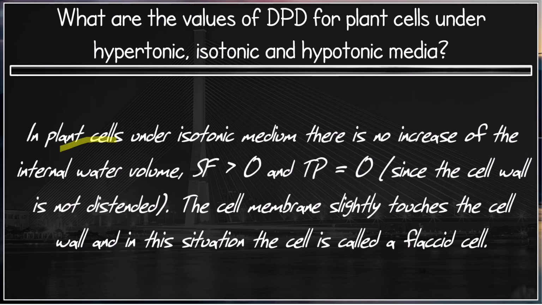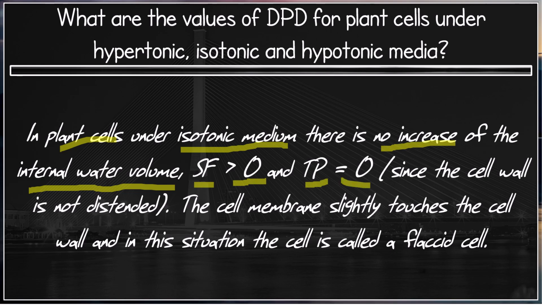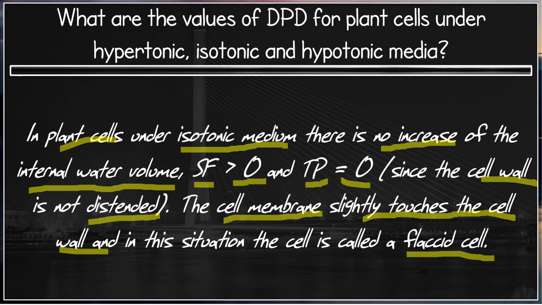In the plant cell under isotonic medium, there is no increase in internal water volume. SF is greater than 0. TP is equal to 0, since the cell wall is not distended. The cell membrane slightly touches the cell wall, and in this situation, the cell is called flaccid cell.